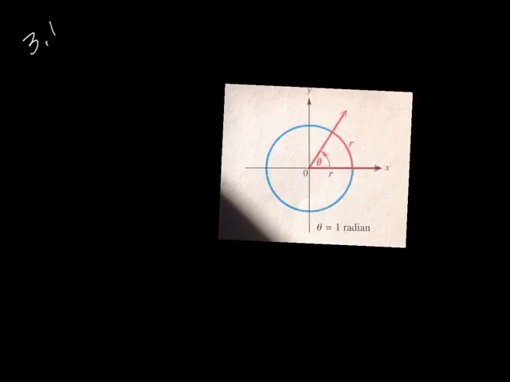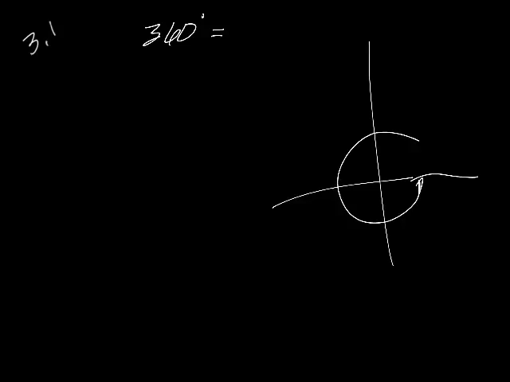One of the things we're going to have to learn is how to convert degrees to radians. So first, a little bit of a conversion equality: 360 degrees, which is all the way around the circle, is equal to 2 pi. Whenever we talk about the measurement of an angle in radians, it's always going to be using pi.